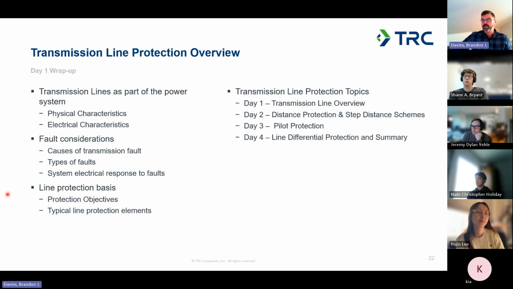Just to look ahead, we did the overview today. We're going to be doing a deeper dive into distance protection and step distance schemes on Thursday. And then next week, we're going to cover pilot protection and then line differential protection and a wrap up summary of some of the stuff that we've talked about.